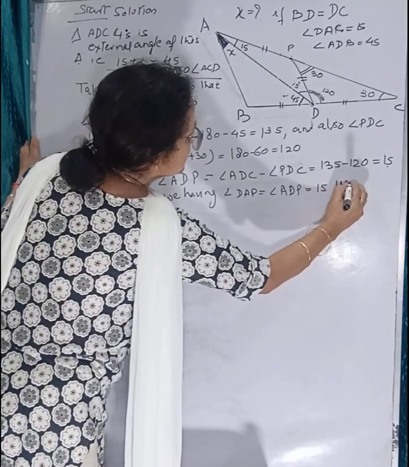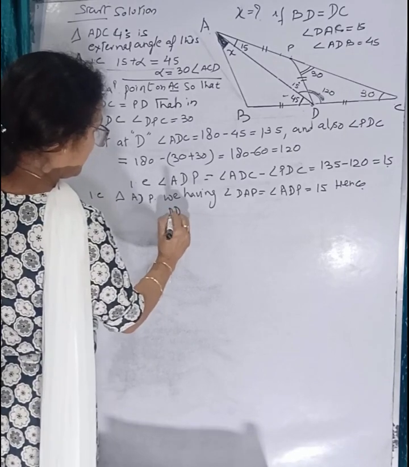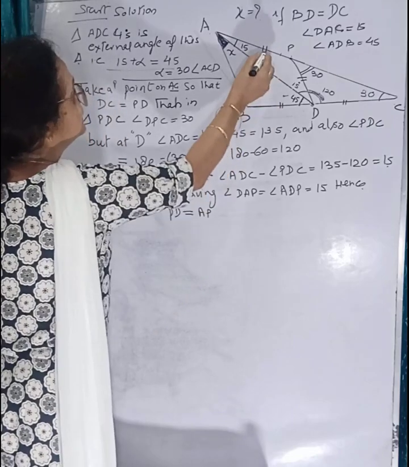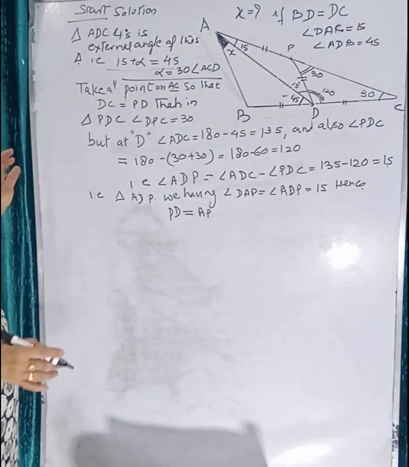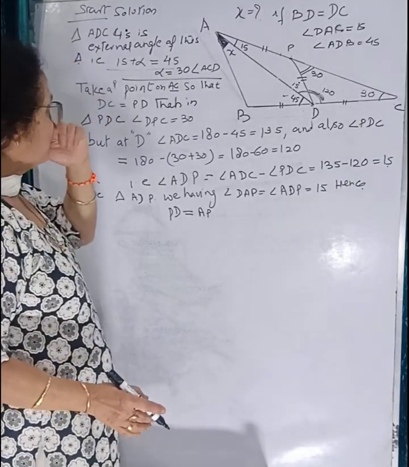Hence PD will be equal to AP. It means this. Okay? Very nice. We have to find out now x.